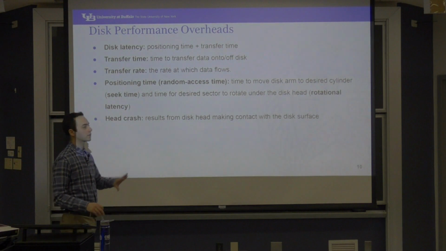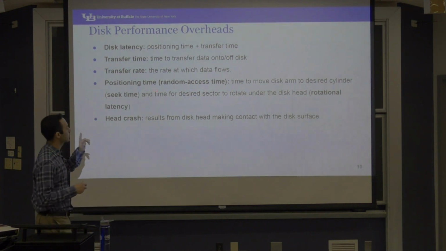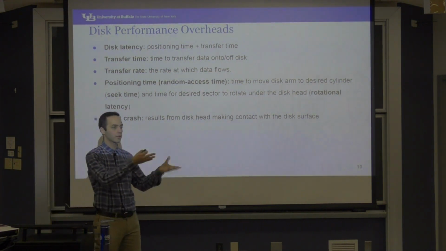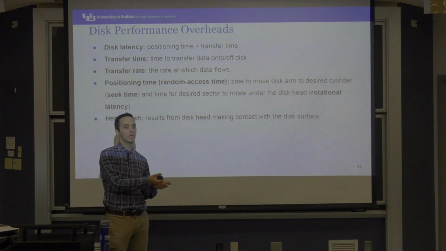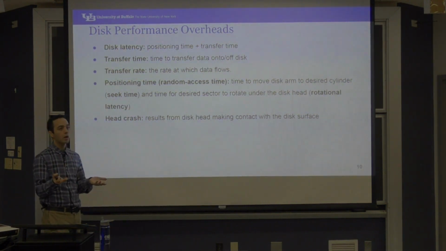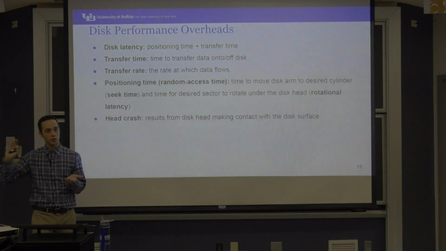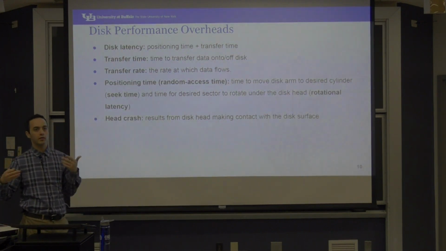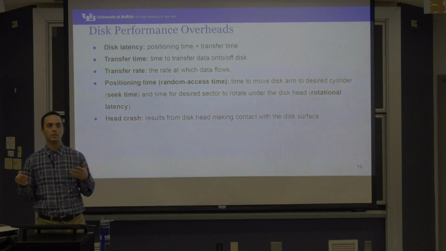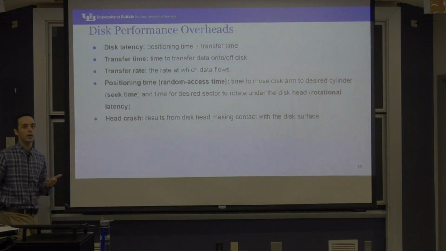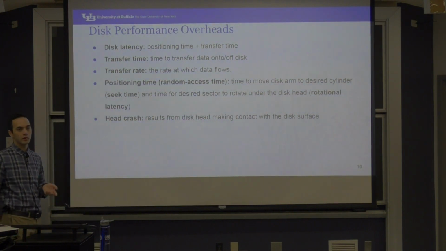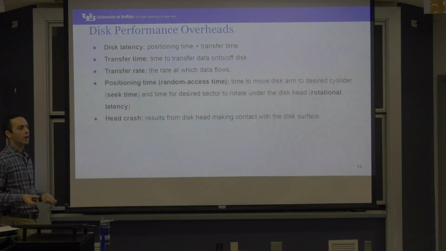Again, this is two rates. You have one rate from the magnetic platters into the hard disk buffer, and another from the hard disk buffer to the operating system. These have different data rates, because that one has to do with the bus, whether it's IDE or SATA, whatever. The other one is the inner structure of the hard disk.